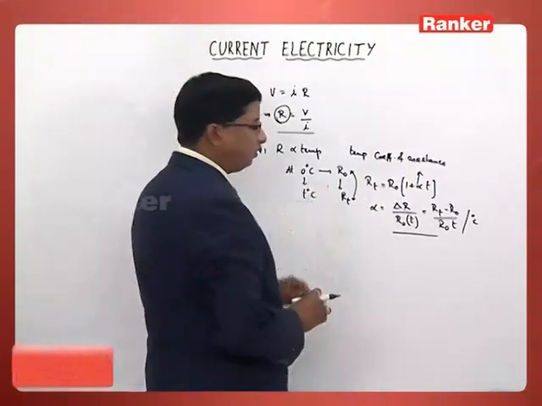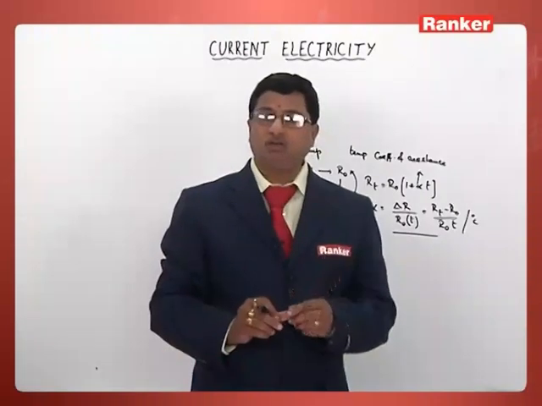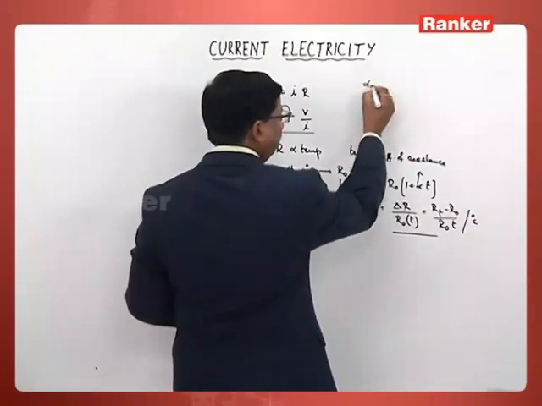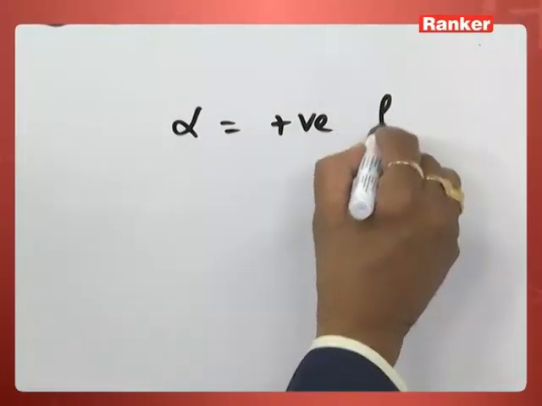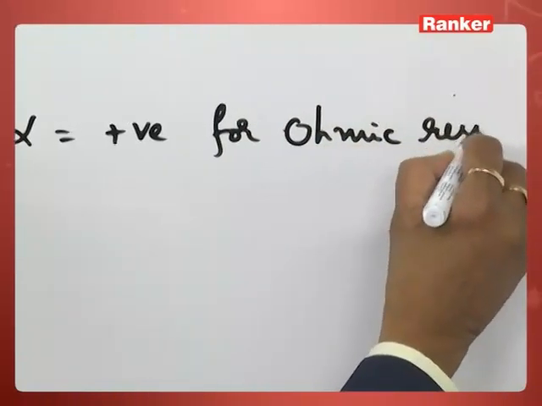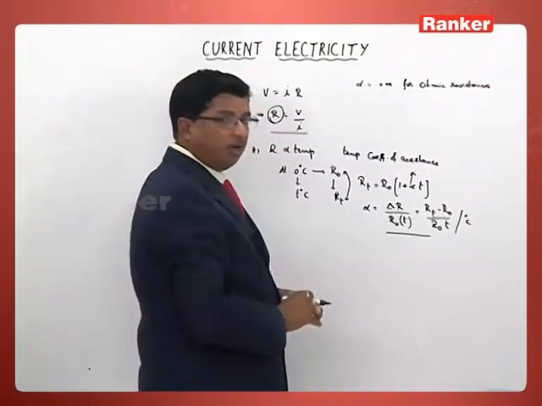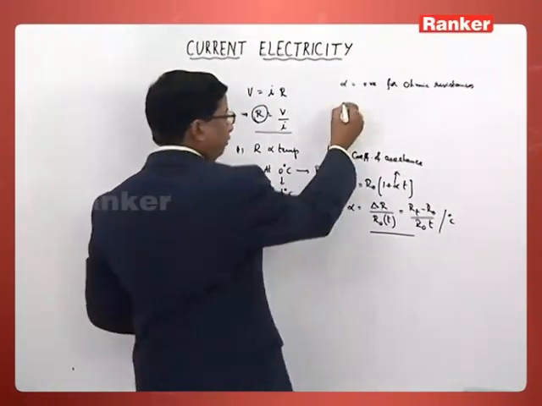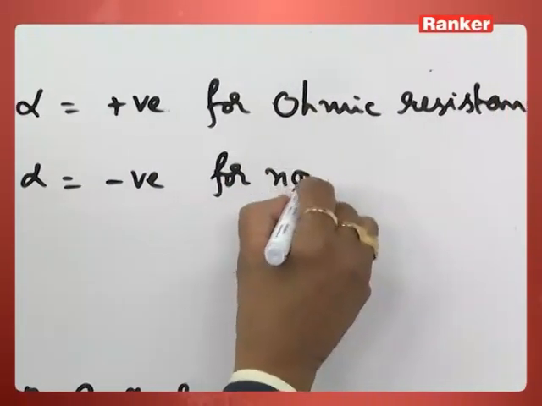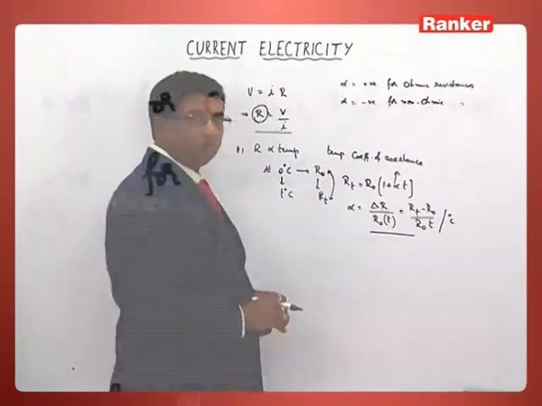When we talk about the temperature coefficient of resistance, one or two important points one has to remember theoretically. The value of alpha will be positive for ohmic resistors, and alpha is going to be negative for non-ohmic resistances. This is one point you have to remember.